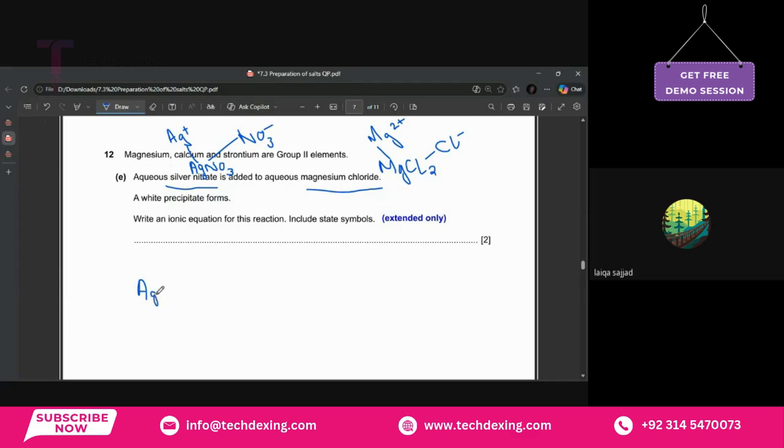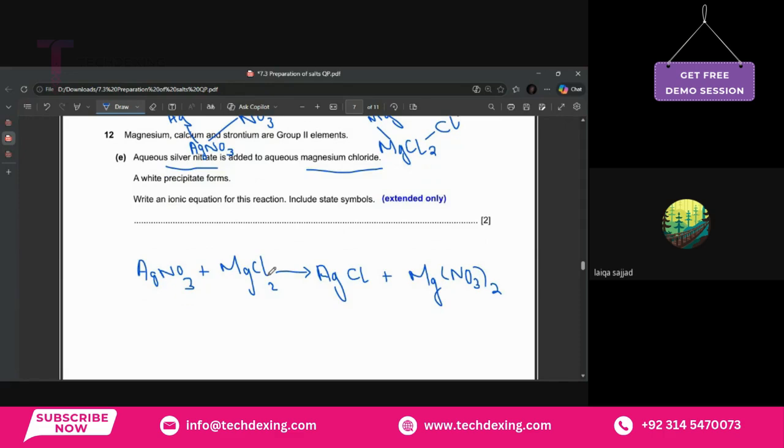So the overall reaction is AgNO3 plus MgCl2, and we will get AgCl plus Mg(NO3)2. It's magnesium nitrate. So this is the overall chemical reaction.